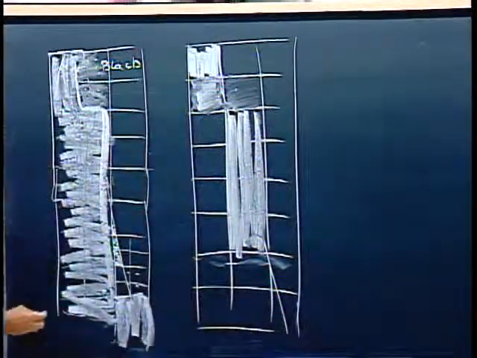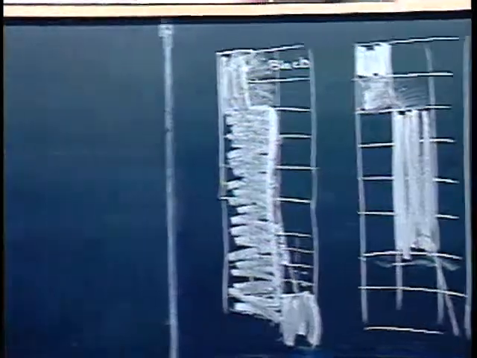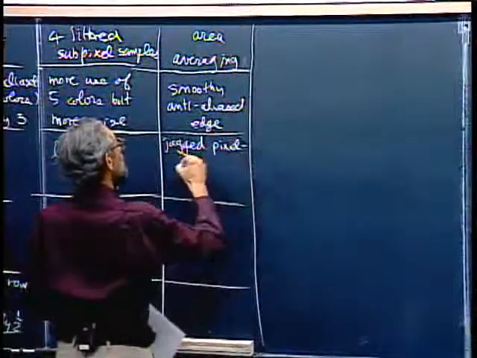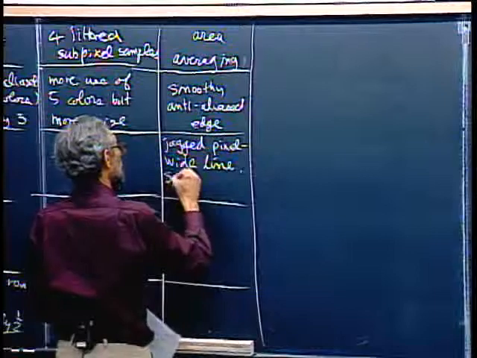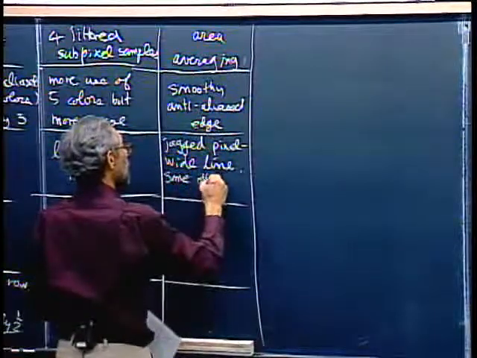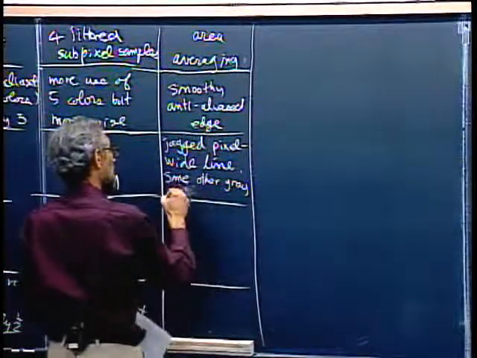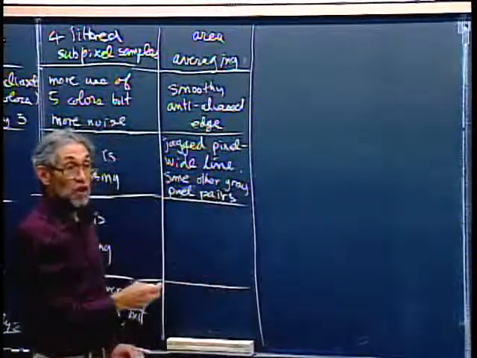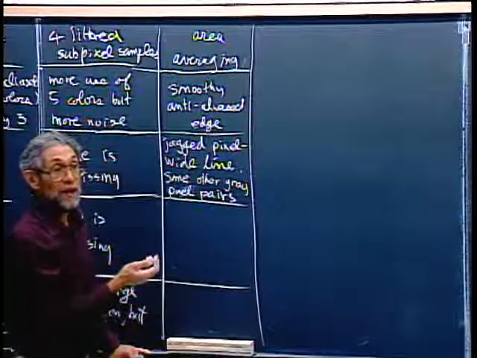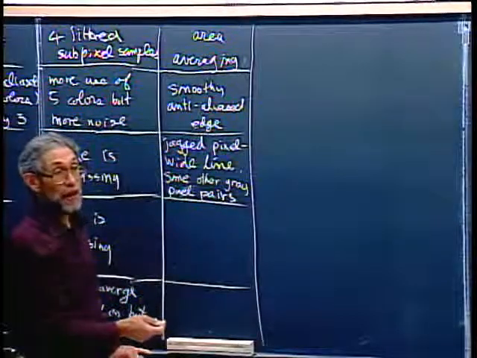But sometimes there'll be partially gray, jagged, pixel-wide line, some other gray pixel pairs, why don't I call them, in a row. But mostly it's going to look jagged, right? So even though our perfect area averaging, even if you did that on this infinitely thin line, it would still look jagged.